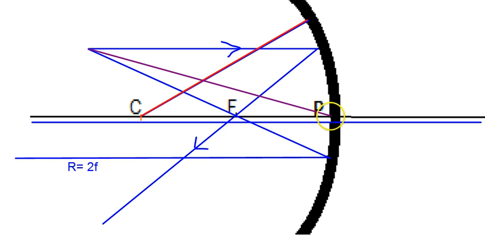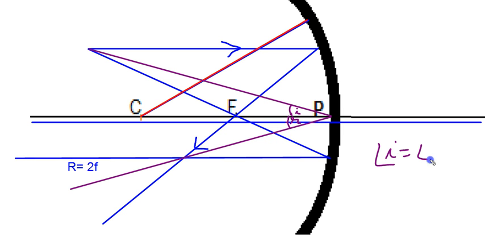So it is going to make an equal angle. Angle I is equal to angle R. I and R are always equal. But while making this, you have to be very careful because this angle must be equal to this angle.